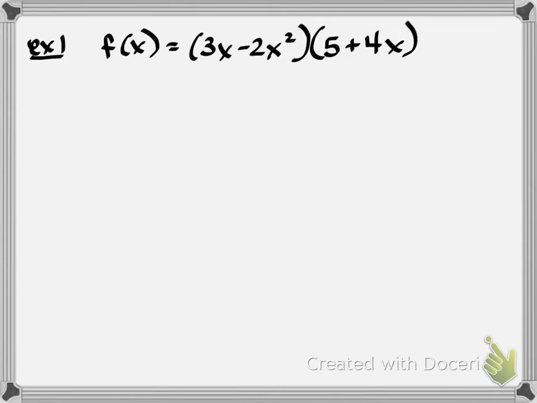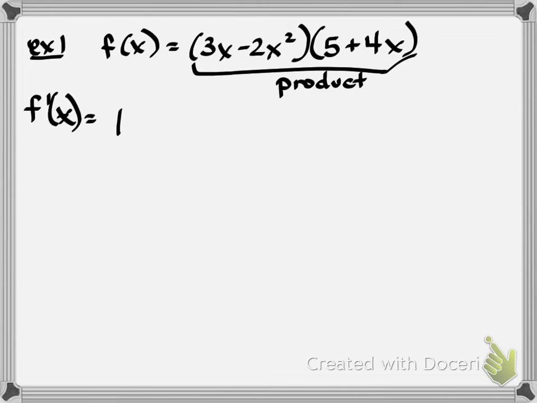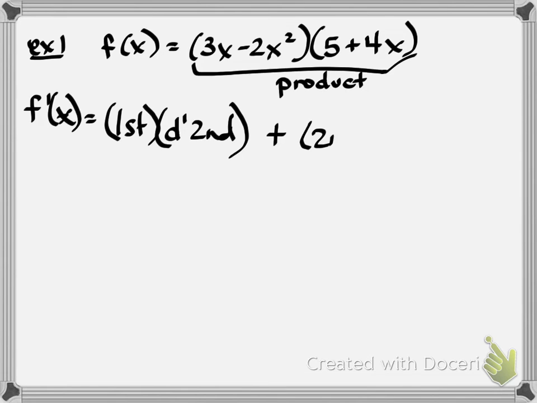I have two things that are getting multiplied together, and each of those things are nice differentiable functions. They're both polynomials. So if I want the derivative, I can use the product rule because this is a product. So the product rule is first times the derivative of the second plus the second times the derivative of the first.